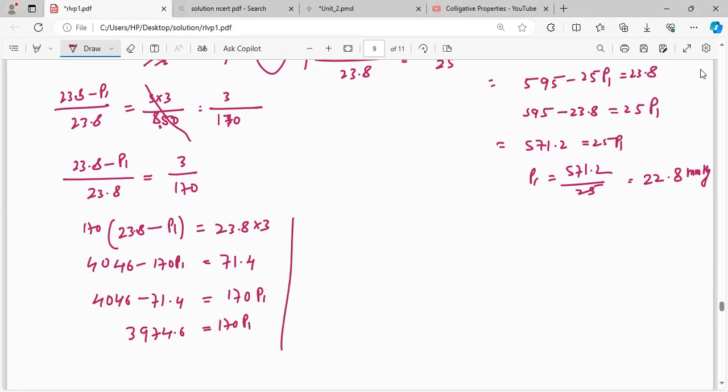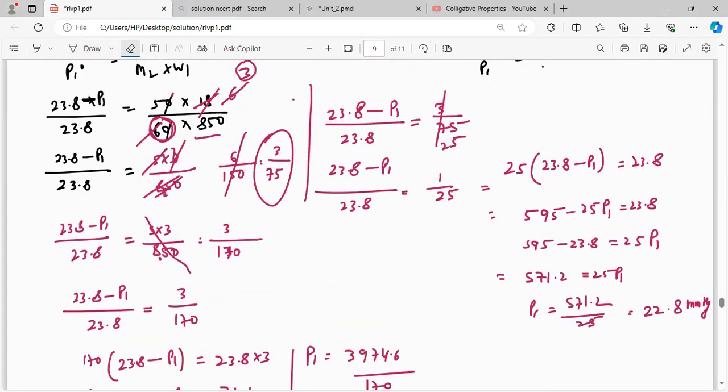So P1 is equal to 3974.6 divided by 170. Now it is coming 23.38 mmHg. This is exactly what they have given in the answer, 23.4. So a little bit of error was coming because of the mistake we did.